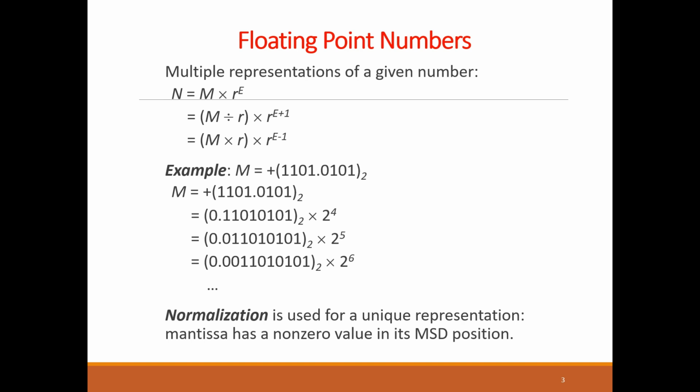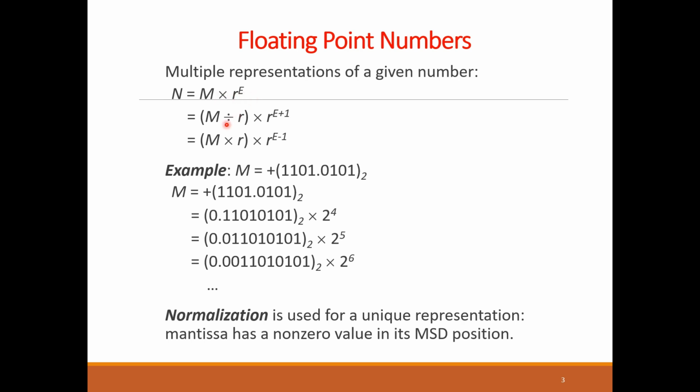Now we are going to see what is floating point number and how it can be represented following that IEEE 754 standard. For representing a floating point number, n is the number, n is m times r to the power e, where m is the mantissa or the magnitude, r is the base of the numbering system, either binary or decimal or hexadecimal, any base you are using, and capital E is the exponent part.